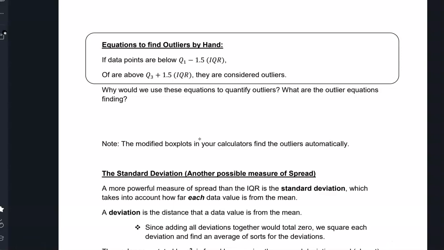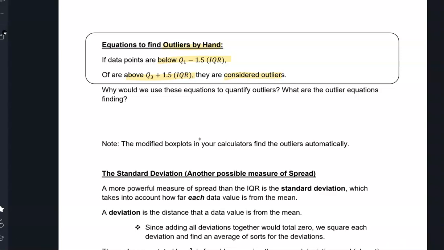And it also gives us a way to find outliers by hand. The box plot in the calculator does it for us, but we should be able to do this by hand, and these are some equations that you need to memorize. If you have any data points that are below, not equal to, but below Q1 minus 1.5 times the IQR, those are outliers. Or if they're above, not equal to, but above Q3 plus 1.5 times the IQR, those are outliers.